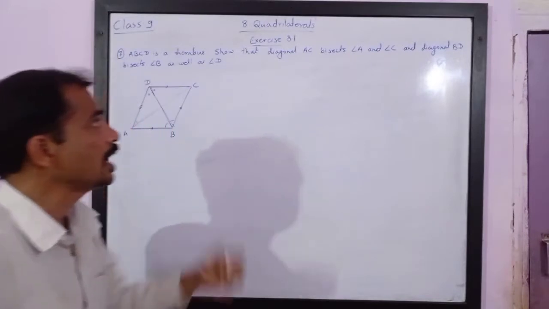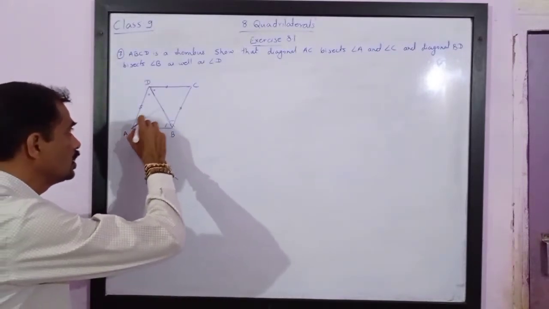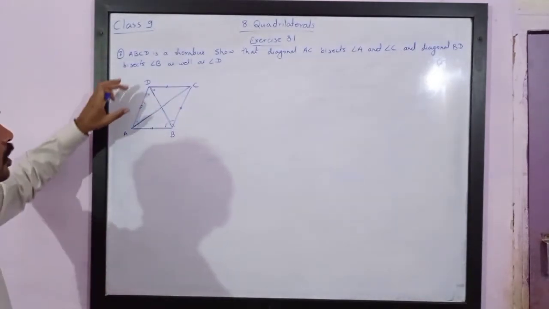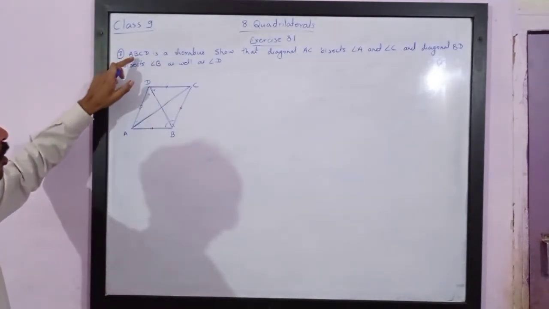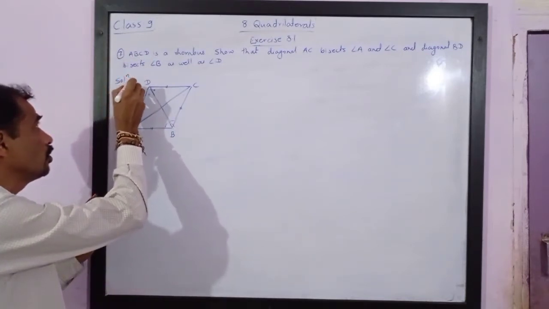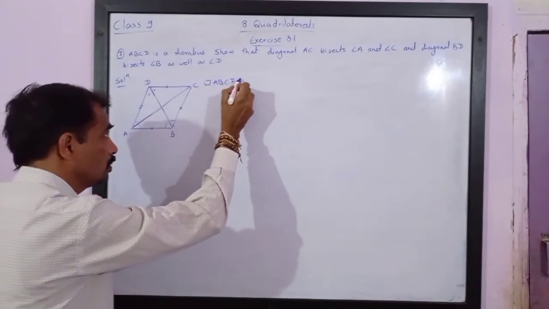AC bisects angle A and C. So consider this AC. AC is the diagonal. Now let us write the given thing first. Solution. We are given quadrilateral ABCD is a rhombus.